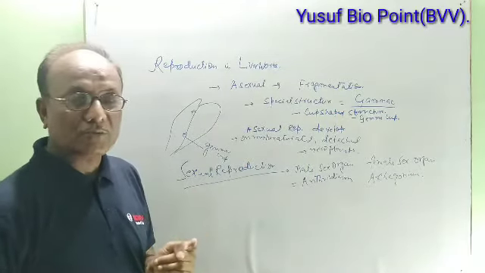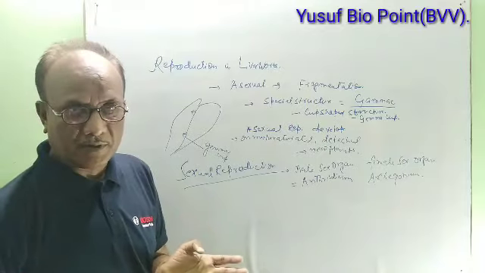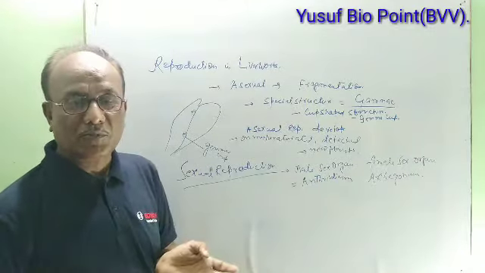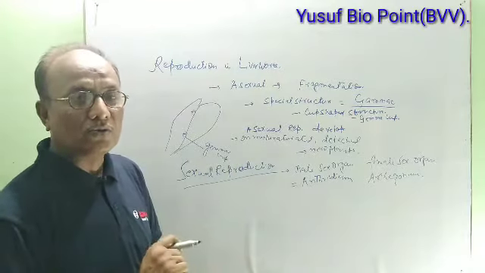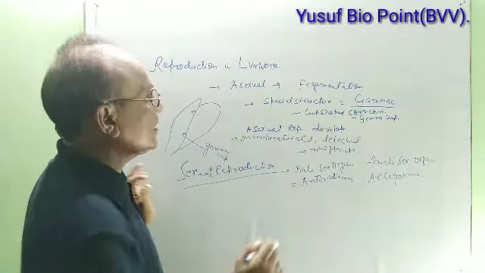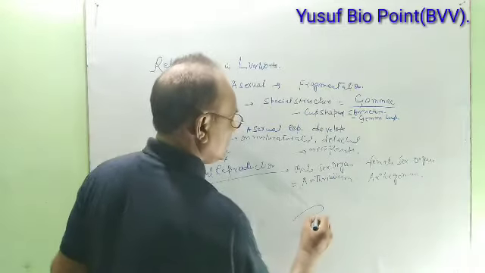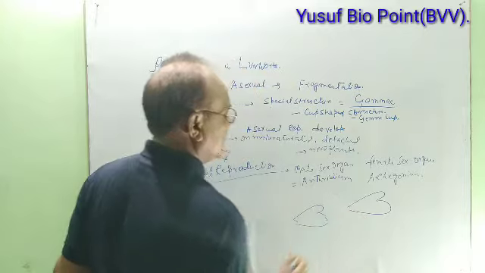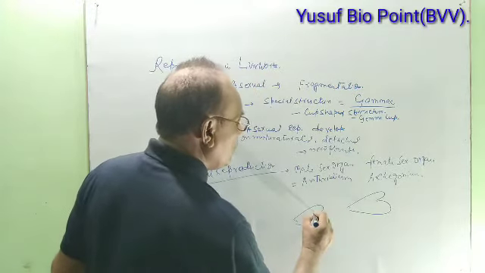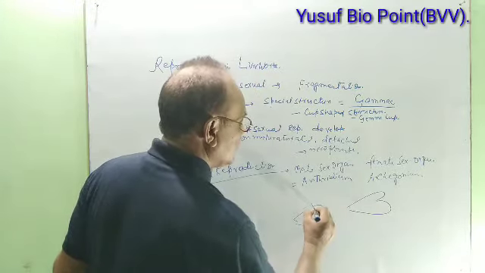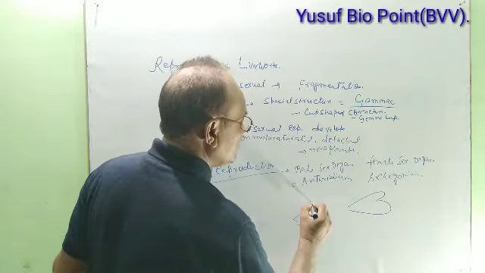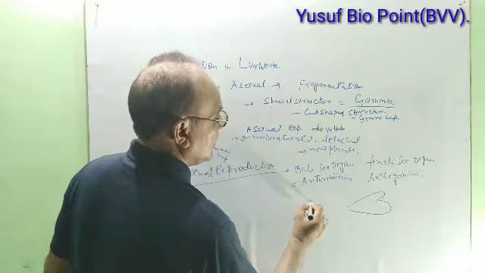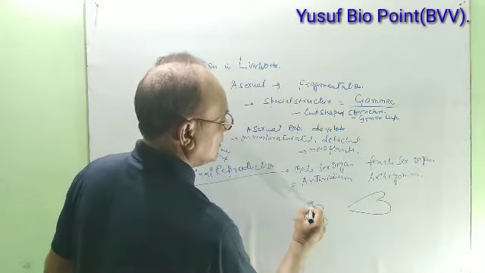Either they are produced on the same thallus or on different thalli, homothallic or heterothallic. That is, the male and female organs are produced either on different thalli or on the same thallus. Suppose there are two different thalli. The antheridium develops on the male thallus and forms a short, small structure with about 9 lobes.